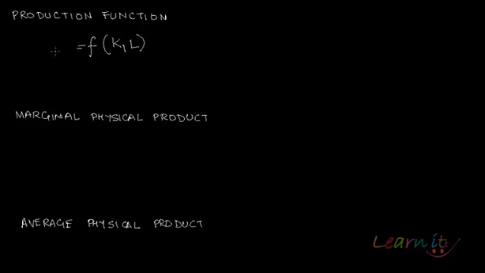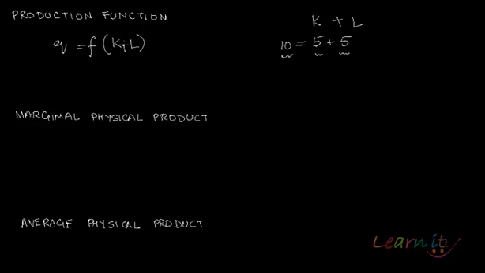Suppose you have two inputs, K and L, and together they produce some output, say Q. For example, you use 5 units of K and 5 units of L, and together they produce 10 units of output. This relation between inputs and output is nothing but the production function.